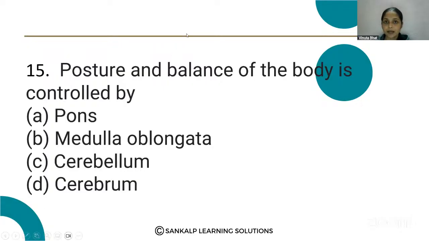It is the part of the hindbrain that controls the balance of the body, and the medulla oblongata controls the involuntary actions. Cerebrum is mainly for the voluntary actions. Question 15, option C is the correct answer.